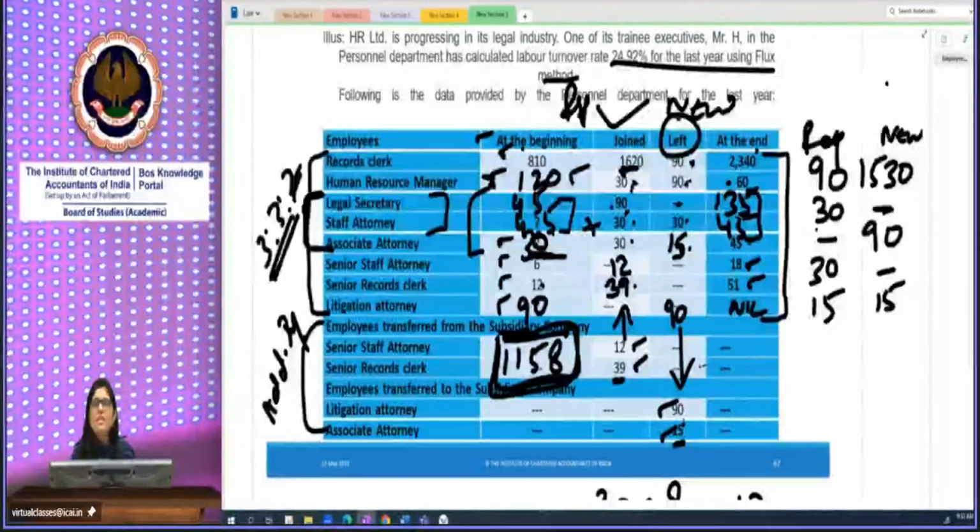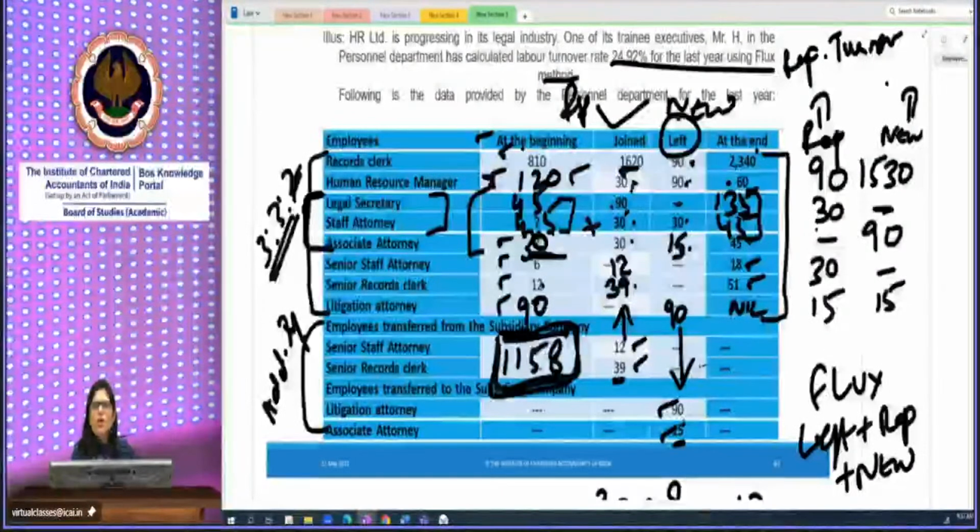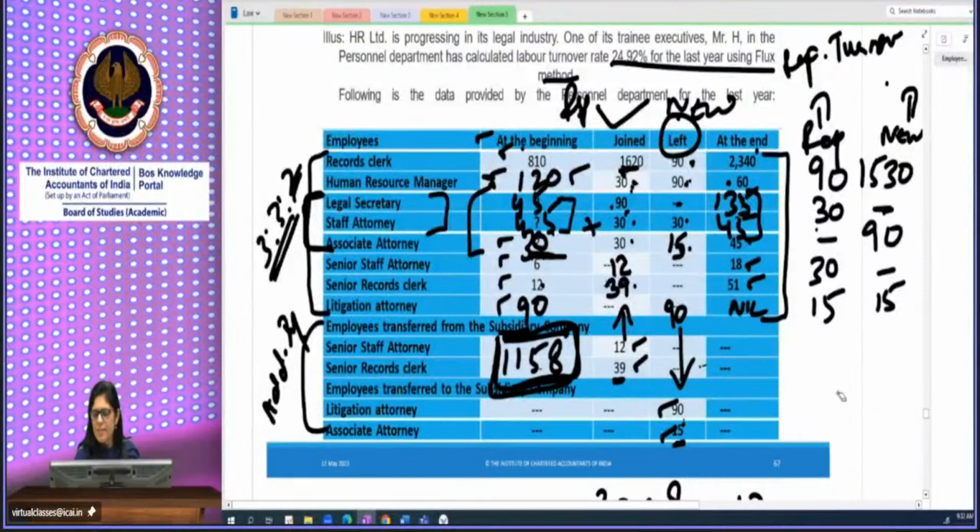That's why we need to calculate replacement. And we need the new also because in flux method, we take left plus replacement plus new. So we need all the three separately for flux method. I hope now you have understood. All right. Good, Darshan. I'm glad that you have understood. That's why we are splitting them.